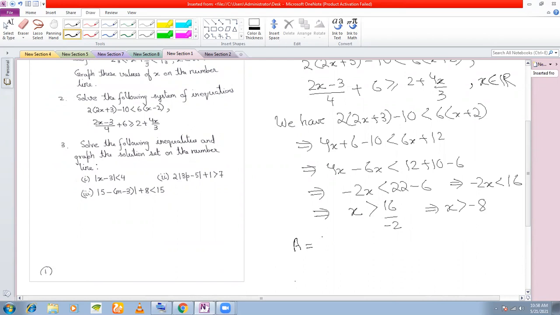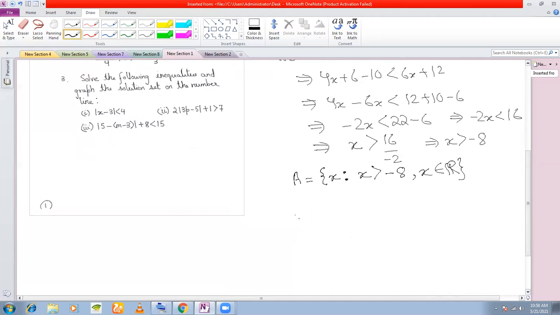What should be the solution set of this? X such that x greater than minus 8, x belongs to R. This is the solution set.